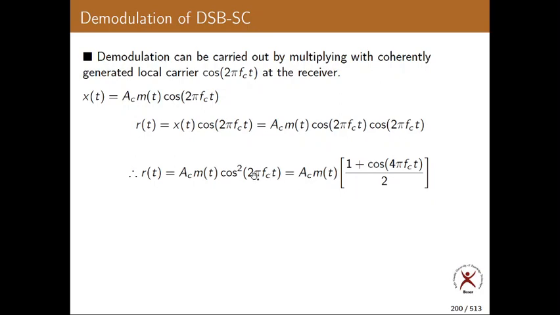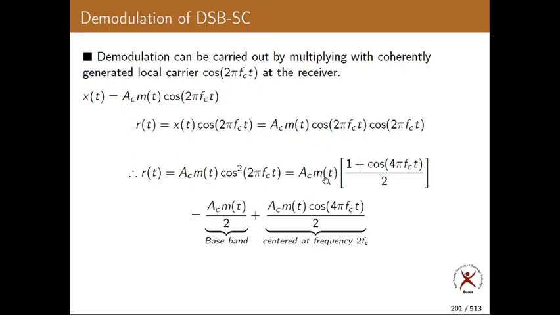What is cos square theta? (1 plus cos 2 theta) by 2. What is theta here? 2πfct. So 2 theta is 4πfct. This is what you get at the receiver. This is what demodulation is.